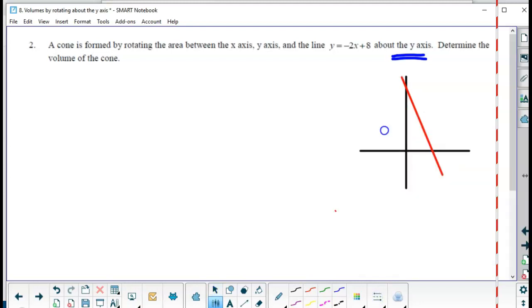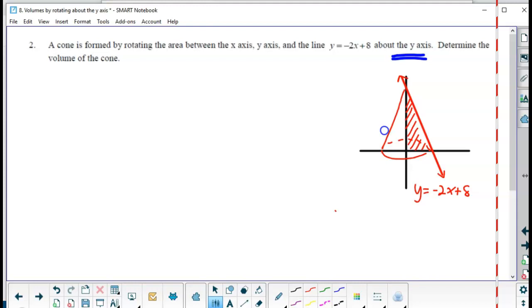So it says it's going to rotate that. A cone is three-dimensional. We're going to rotate the area between the x-axis, y-axis, and the line. So basically we have to take this and rotate it. When we do that, we're going to end up getting a cone, right? So this line is y equals negative 2x plus 8. I want to get it with respect to y. So solve for x.